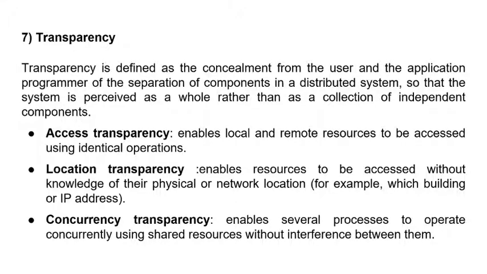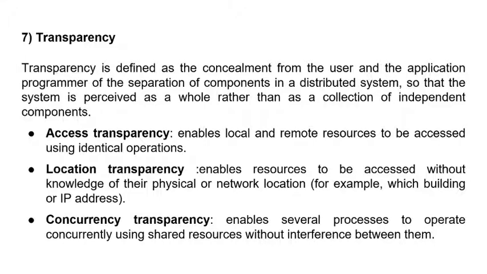For a simple example, you are accessing a particular file from a folder located in a different system, but you feel like it is there in your own system. Even if it is saved somewhere else, we feel like it is in our system. That is what access transparency is.